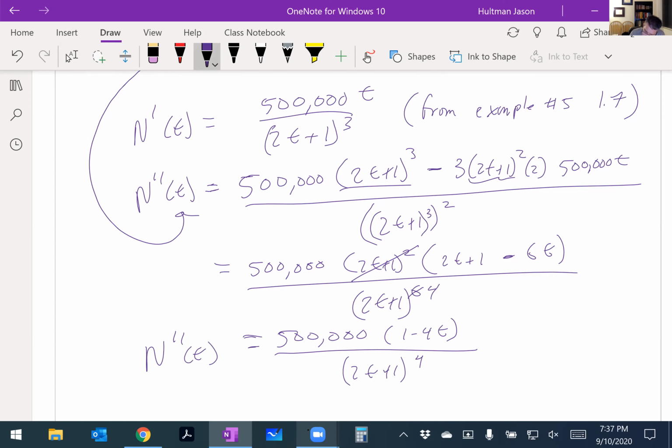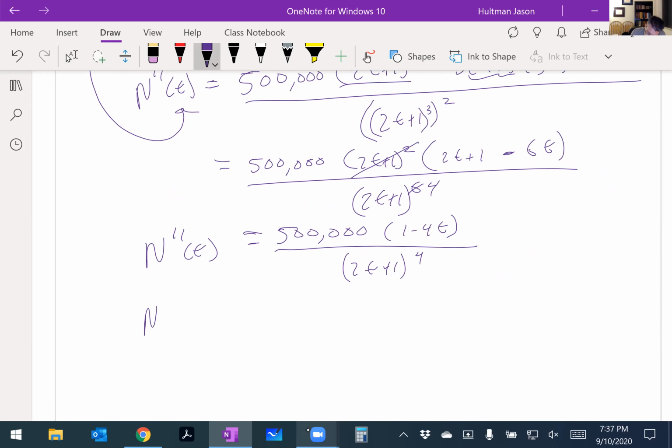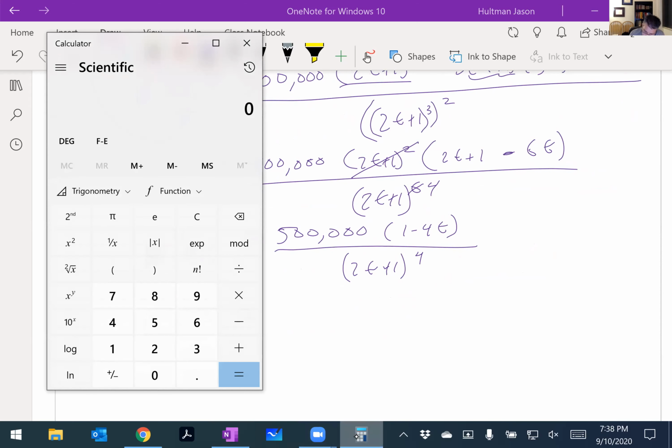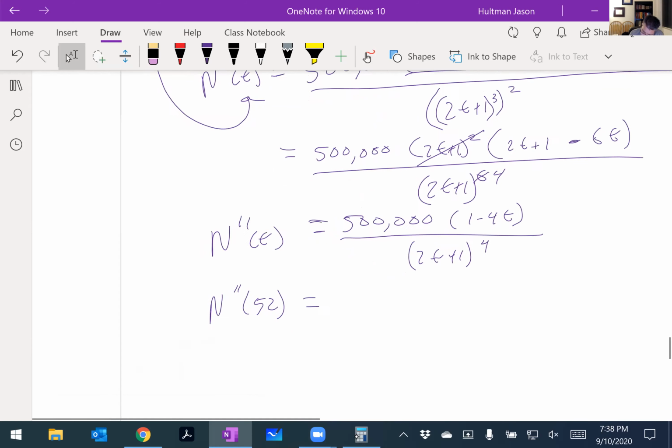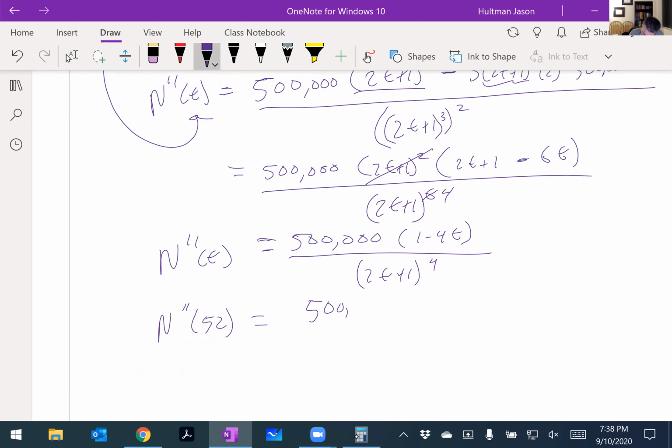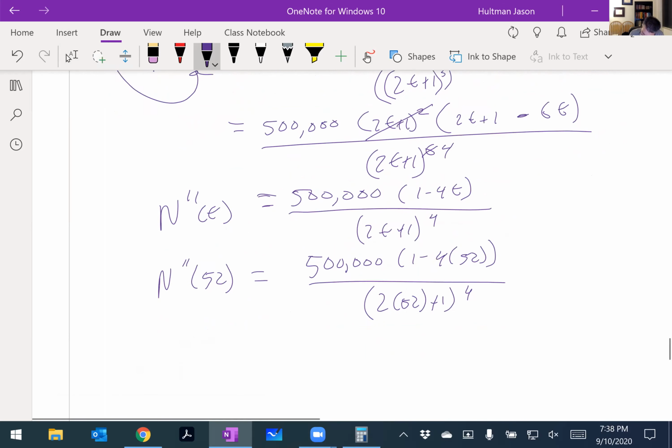But again, I just want to plug in 52. What is n double prime at 52, at the 52nd week? So if I plug that into my calculator, let's do that real quick. I want to plug this in: 500,000 times 1 minus 4 times 52, all over (2 times 52 plus 1) to the 4th power.